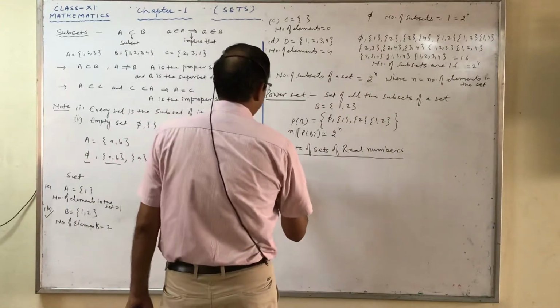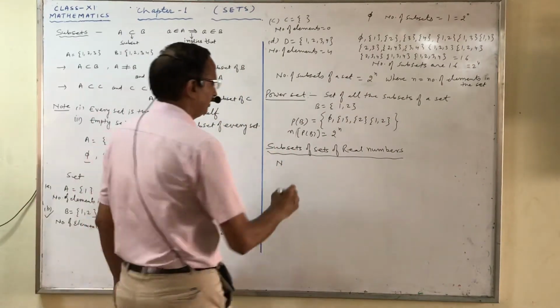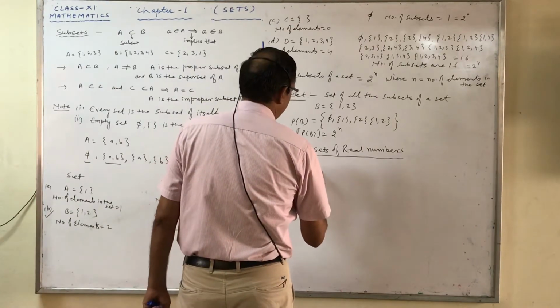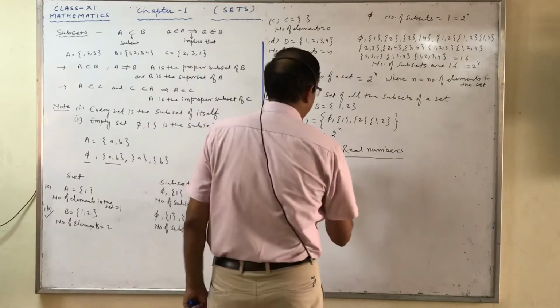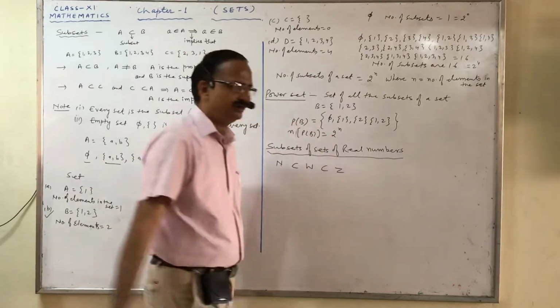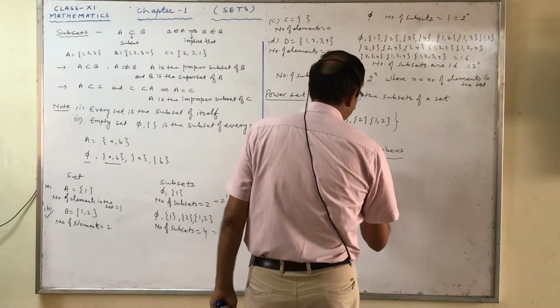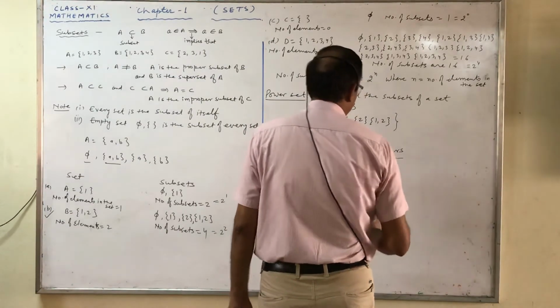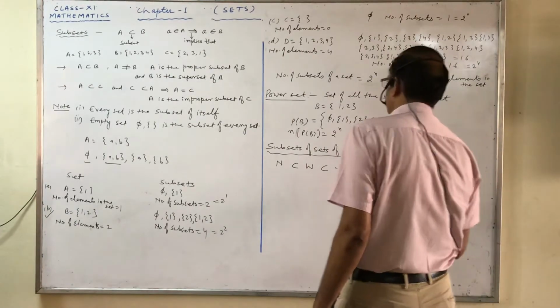So N is the set of natural numbers, is the subset of W, whole numbers, W is the subset of Z, integers, Z is also the subset of Q, means rational numbers, and rational numbers are the subset of real numbers.